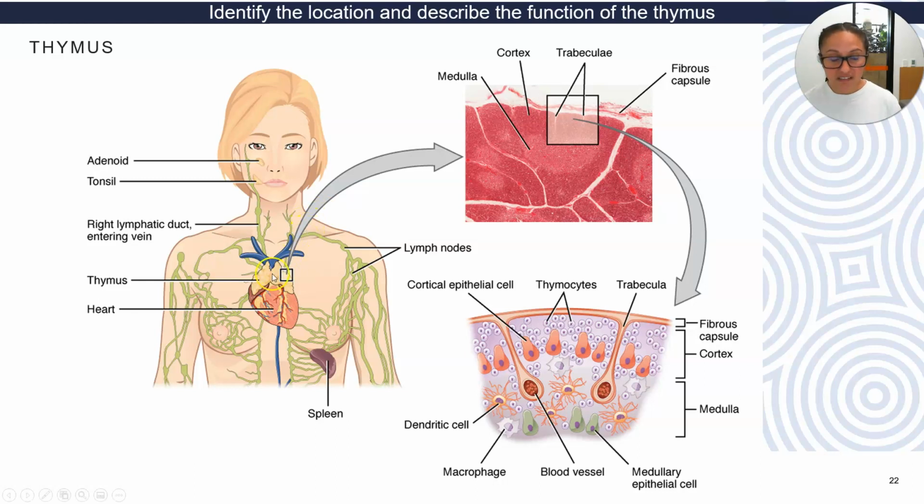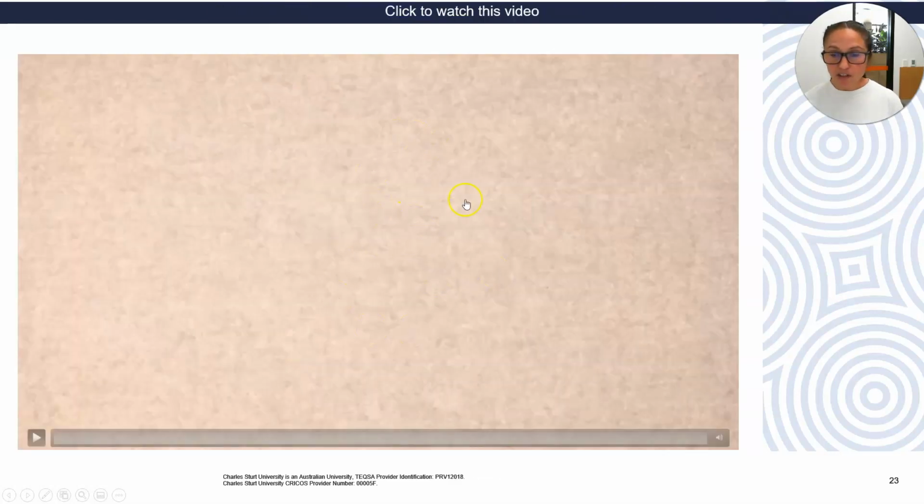The thymus is another type of lymphatic tissue, and I don't think actually we really know what it does. We just know that it's involved in white blood cells, so immunity. And have a look and see where it sits, just on top of the heart, okay? And here are some kind of cells that live there. Now, I'll leave you to watch this little video here that I have about the thymus to learn a little bit more about what its job is.